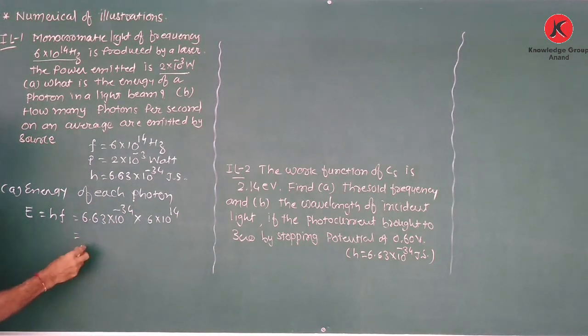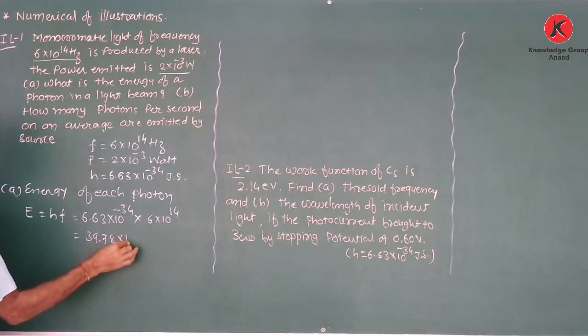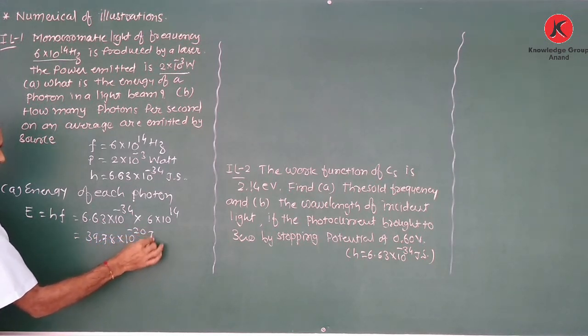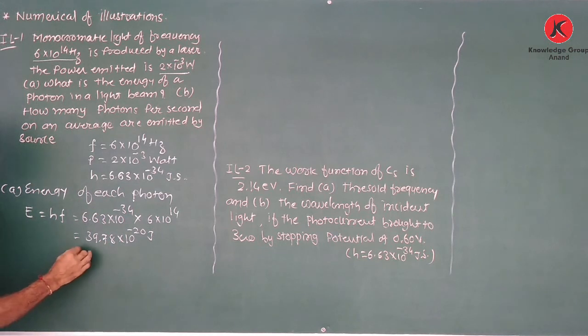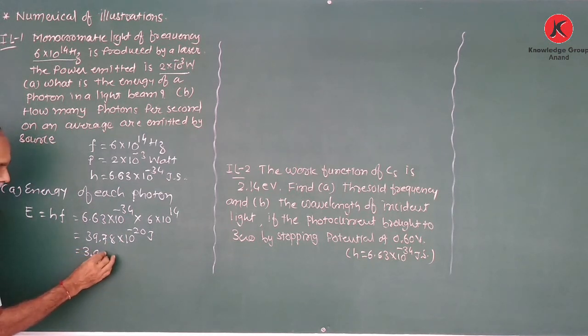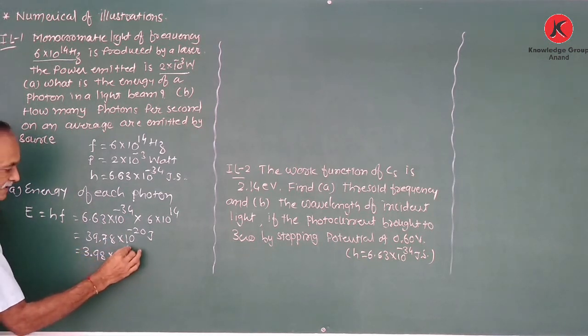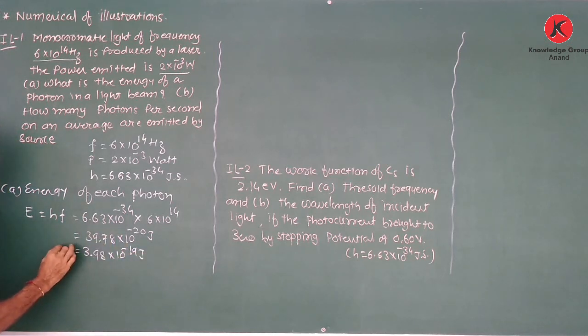Therefore, the simplification is 39.78 into 10 to the power minus 20 joule. That can also be written as 3.98 into 10 to the power minus 19 joule. That is the energy of every photon in the beam of light.